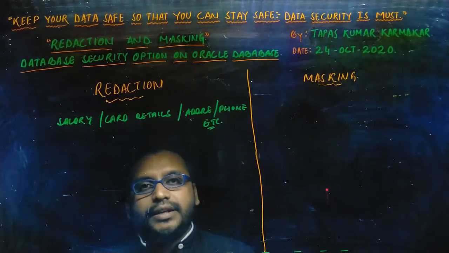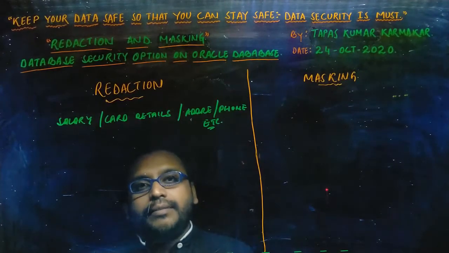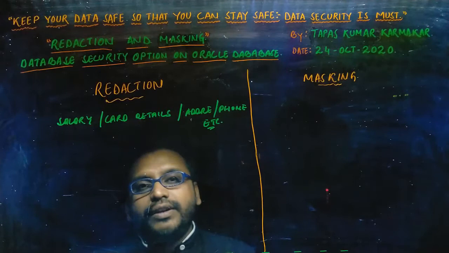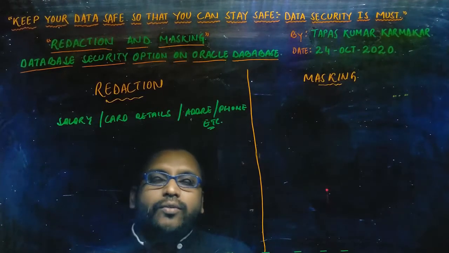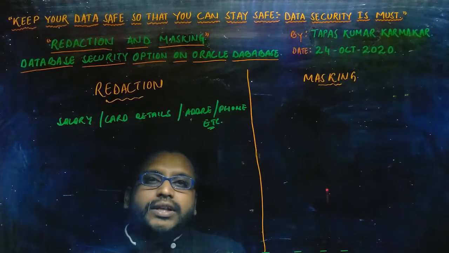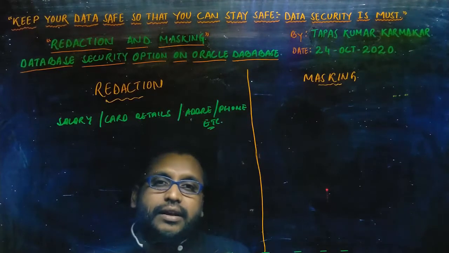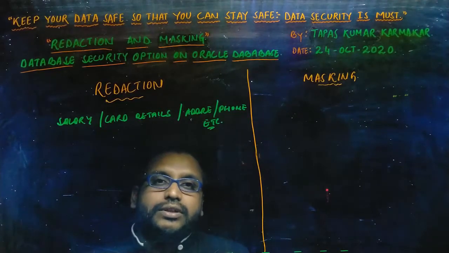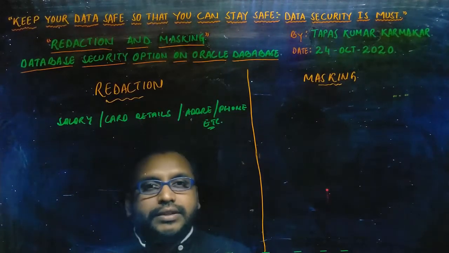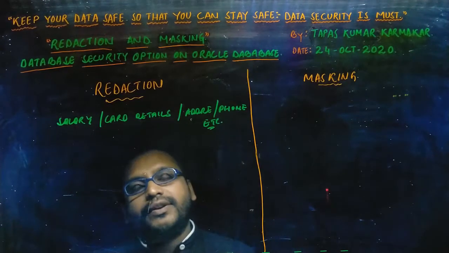These are present in the database, but at the same time, they shouldn't be viewed by every user. So how can we protect the database so that authorized people will access this data, but non-authorized users will not be able to access the data? For this, we have to implement redaction.